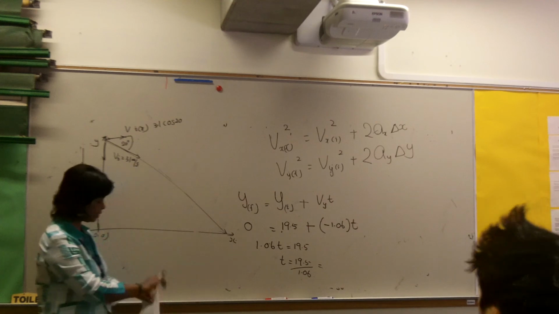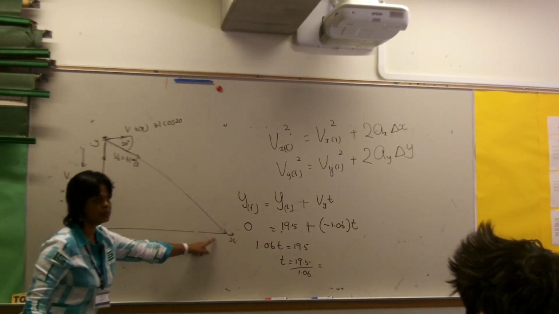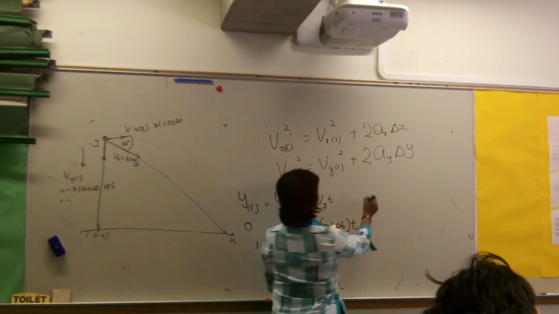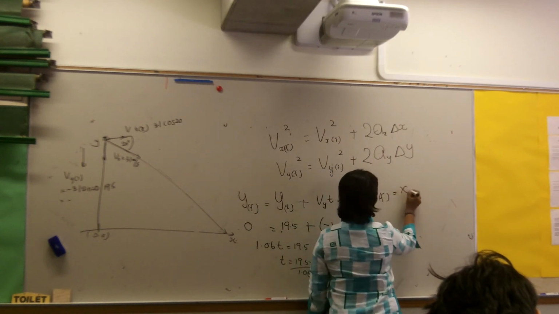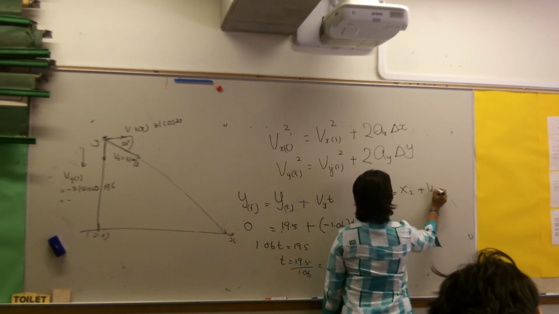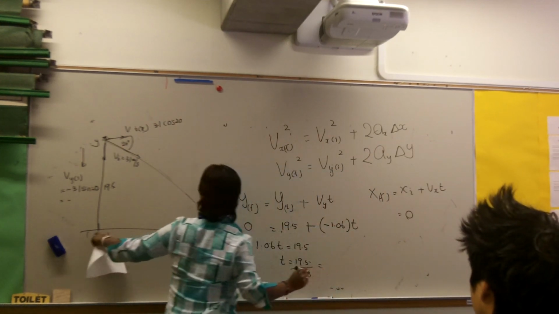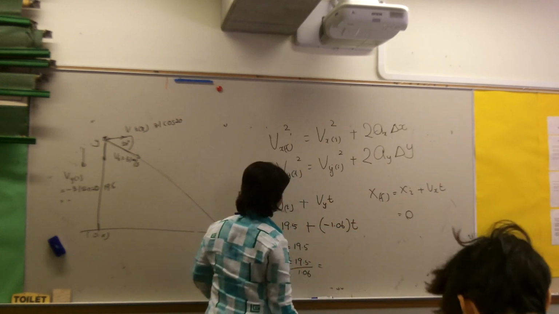Once you get that t, you can calculate how much he moved this way, right? Because you know xf equals xi plus vx t. You don't know the final value here.